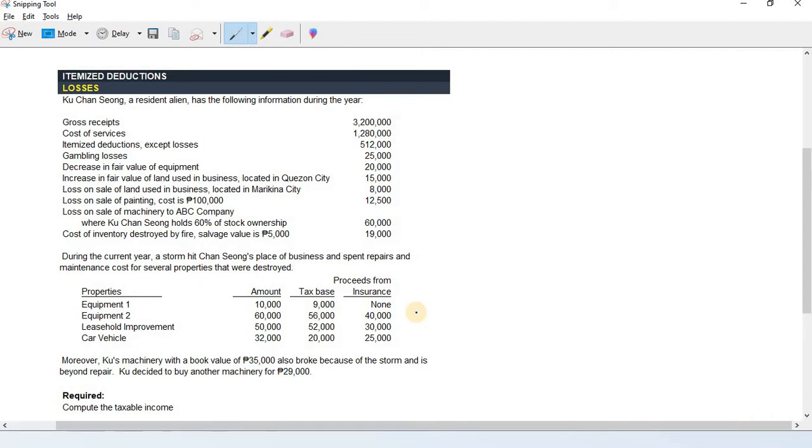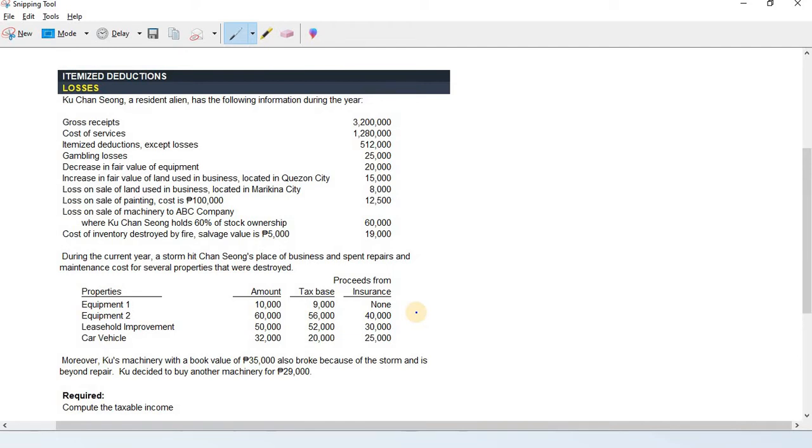Then during the current year, a storm hit Chan Song's place of business and spent repairs and maintenance costs for several properties that were destroyed. Moreover, Ku's machinery with a book value of 35,000 pesos also broke because of the storm and is beyond repair. Ku decided to buy another machinery for 29,000 pesos.